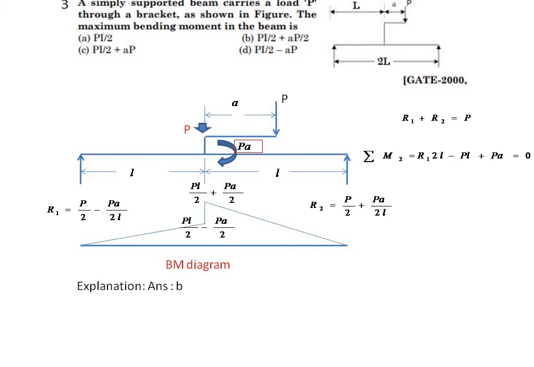So it becomes PL by 2 minus PA by 2 plus PA, which becomes PL by 2 plus PA by 2. So the answer is going to be B, PL by 2 plus PA by 2.